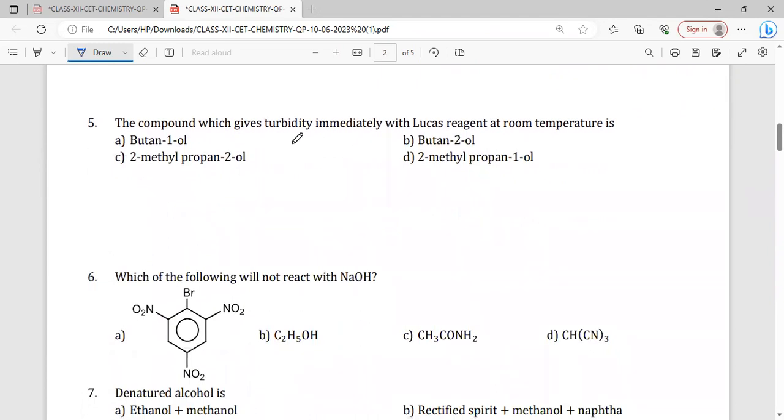Fifth question: the compound which gives turbidity immediately with Lucas reagent at room temperature, right? So this is a very easy question. We have discussed that Lucas reagent is anhydrous zinc chloride and HCl, isn't it? The mixture.